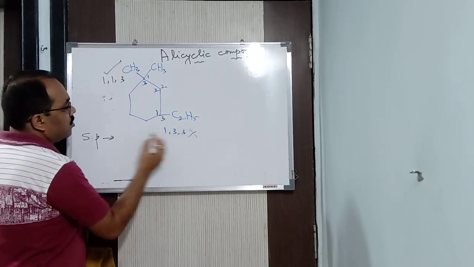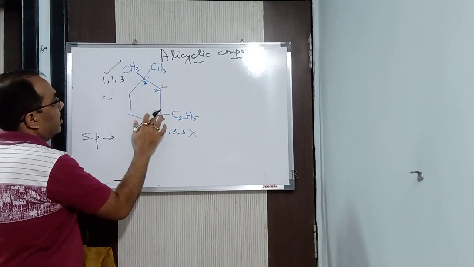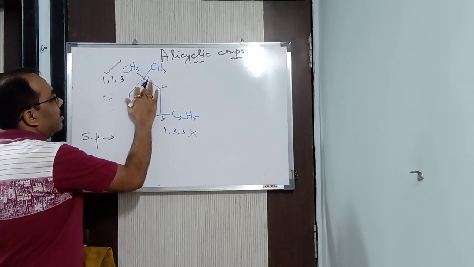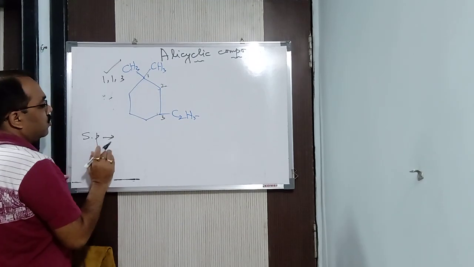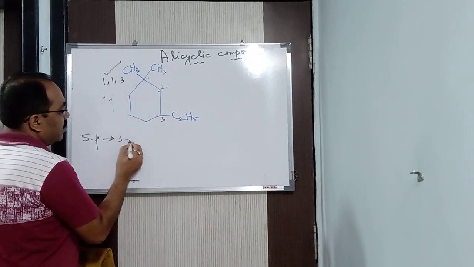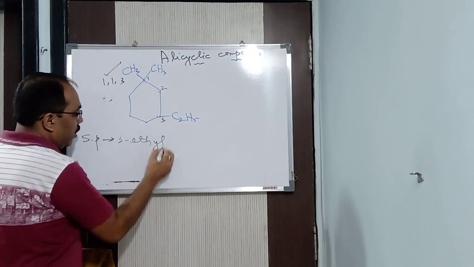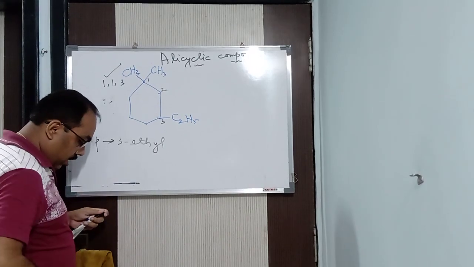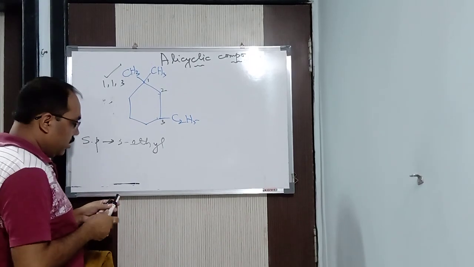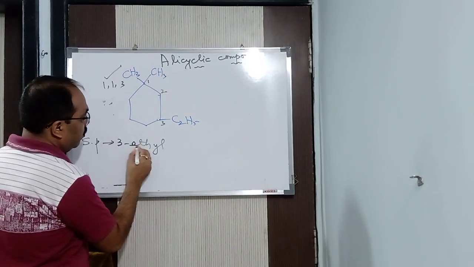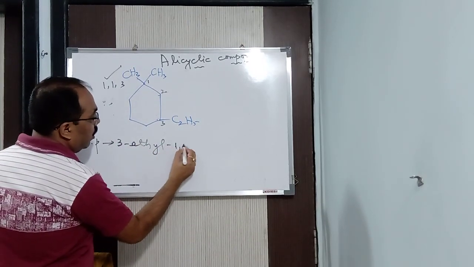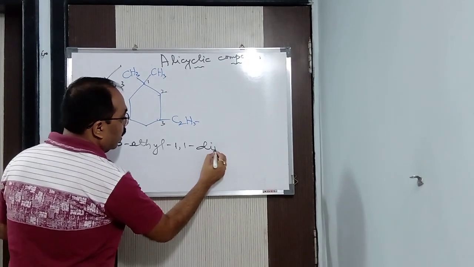So this is wrong. This is not correct. Alright, so which is correct then? I am rubbing out this one. Don't get confused. This is not correct. Clear? So this one is correct. So I have to write in alphabetical order. So what is that? 3 ethyl, 1, 1 dimethyl.